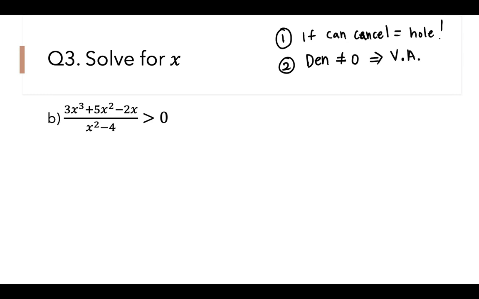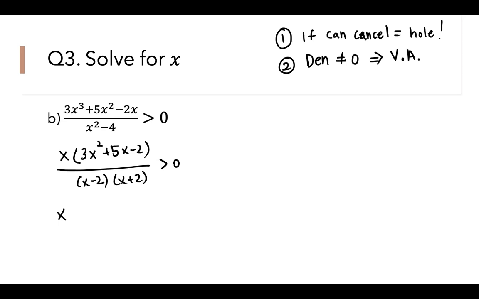Okay, so first I want to factor numerator and denominator as much as I can. I have a common factor of x, 3x squared plus 5x minus 2. And the bottom is a difference of squares, x minus 2, x plus 2, greater than 0. So it looks like I can do further trinomial factoring using the decomposition method.